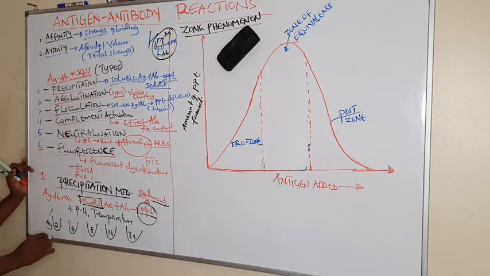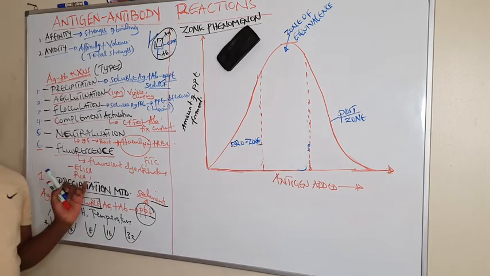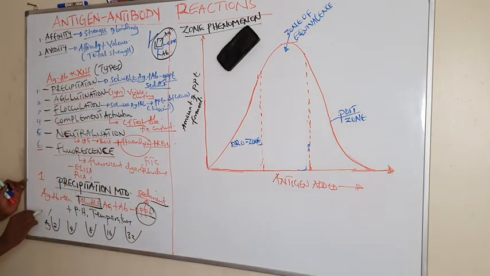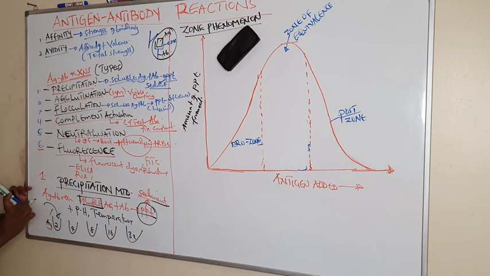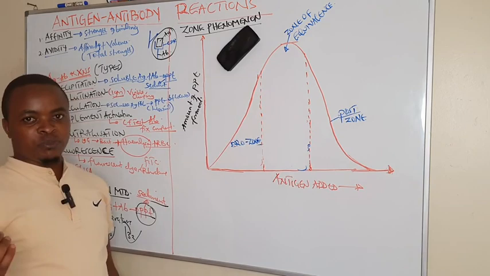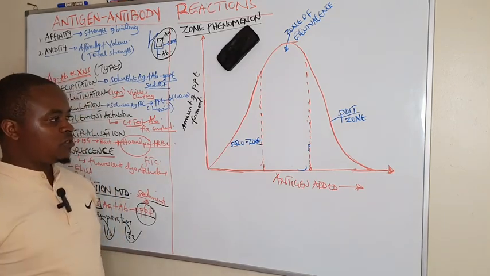So after putting in different tubes increasing amounts of antigen, we come and add the same amount of antibody. So all of them we add 4. Maybe let me say we are adding 4 antibodies. So we add in each, and after adding we mix, and then we read the precipitation or sedimentation.